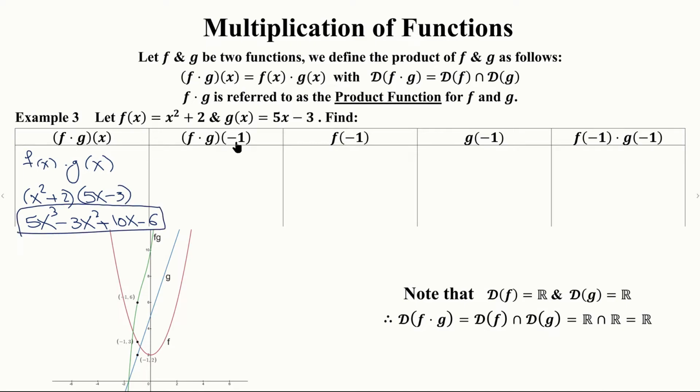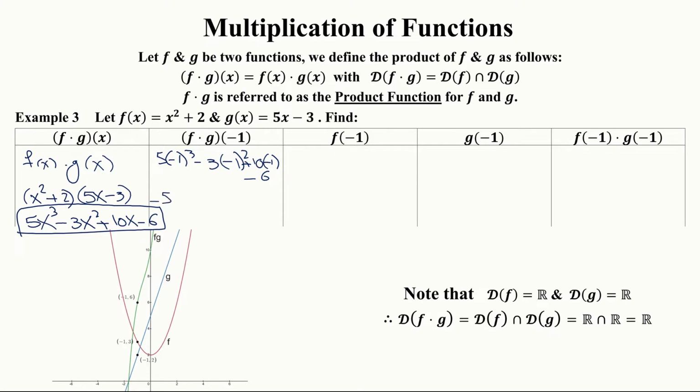So if we want f times g of -1, we have f times g of x, so we just plug in -1 for x: 5 times quantity -1 cubed minus 3 times quantity -1 squared plus 10 times quantity -1 minus 6. So we end up with 5 times -1, because -1 cubed is just -1, so -5.